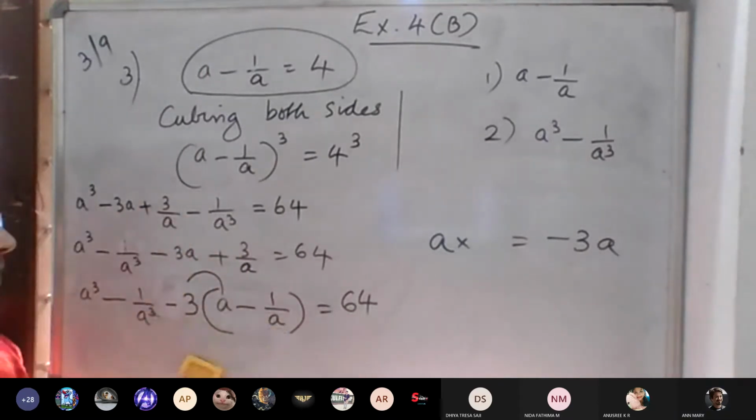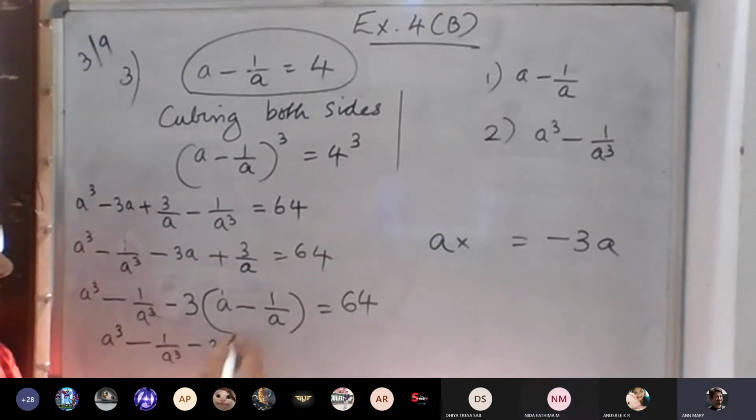Then what can we write in the next step? a square minus 1 by a cube minus 3 minus 2 4 4 is equal to 64.